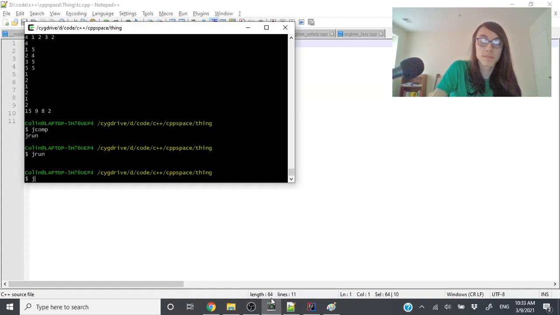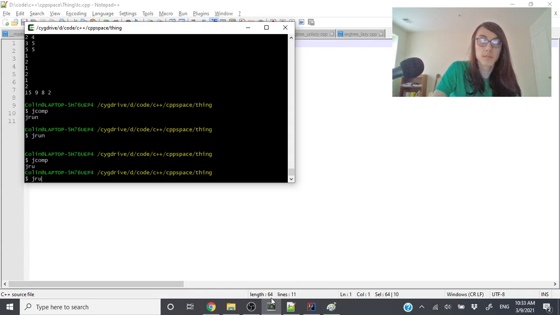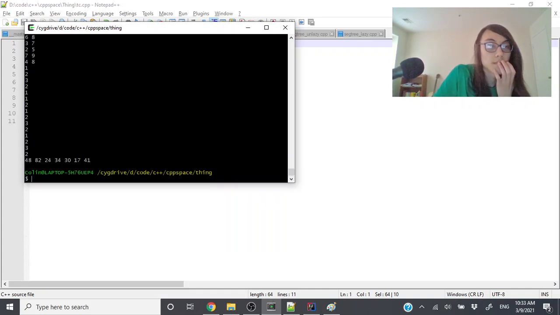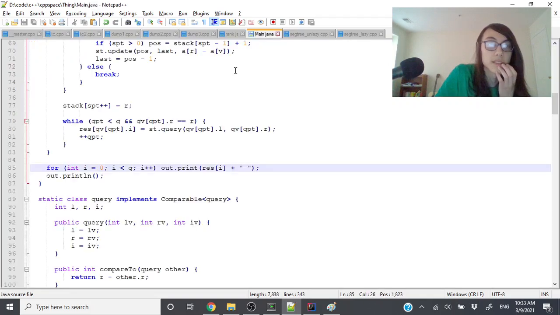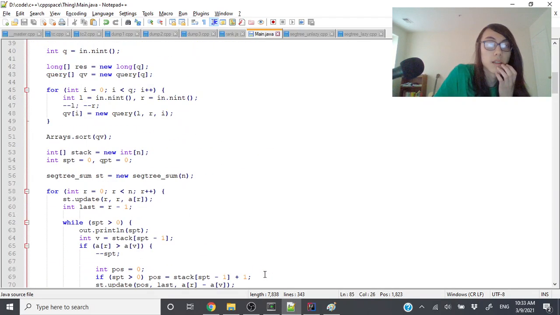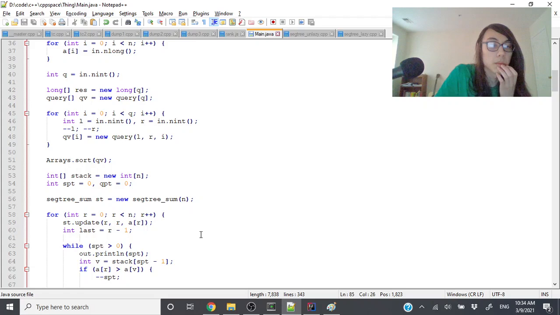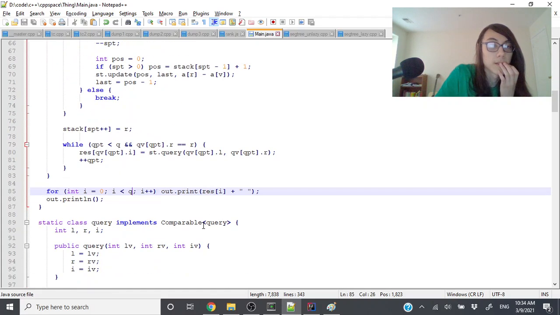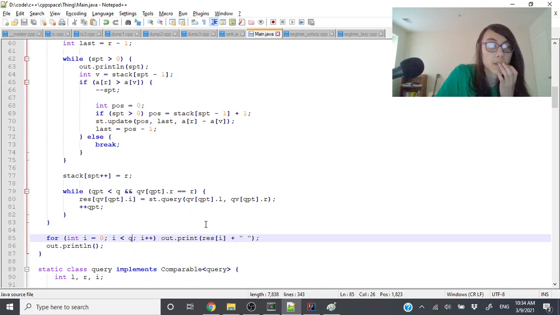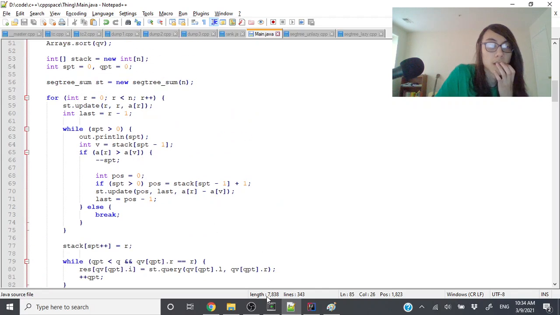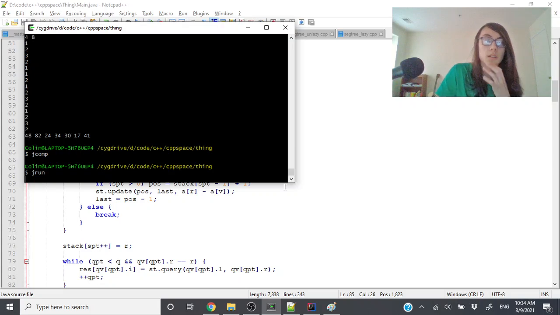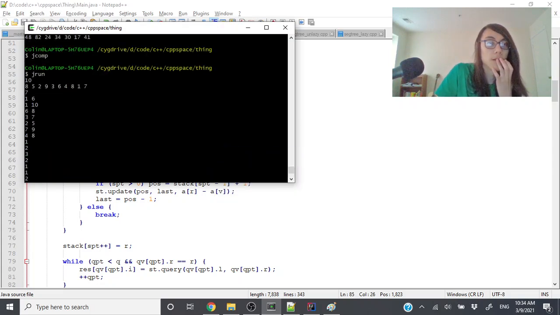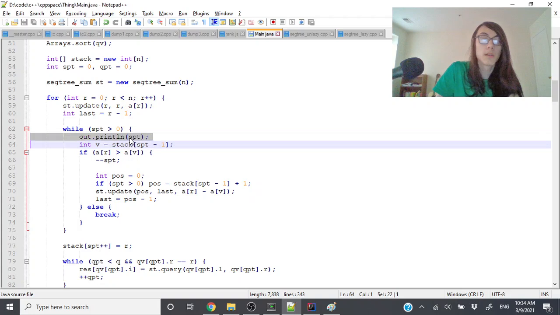Why not? Still printing indices, right? What am I printing? Wait, what am I printing? Oh.